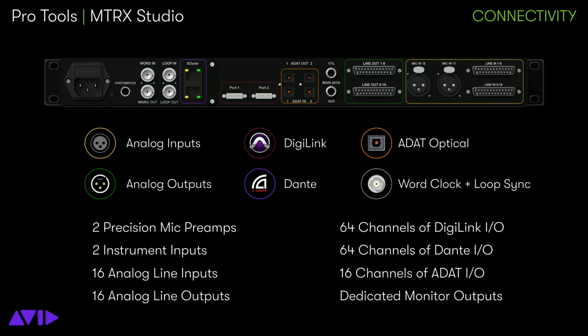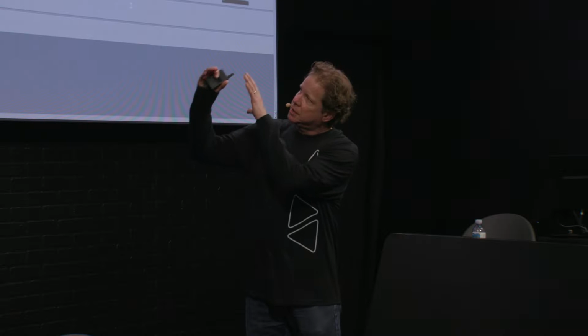We'll talk about that when we get to the monitoring section a little bit. And then obviously 64 channels of DigiLink, direct connectivity between either one HDX card, 64 channels, or multiple HDX or HD native systems from one box. So a lot of I/O in a small package, tons of flexibility.